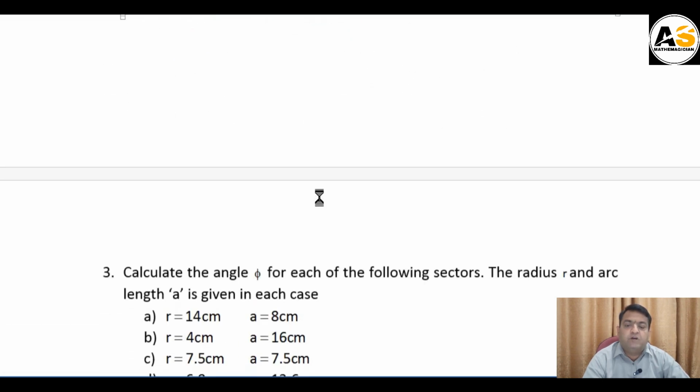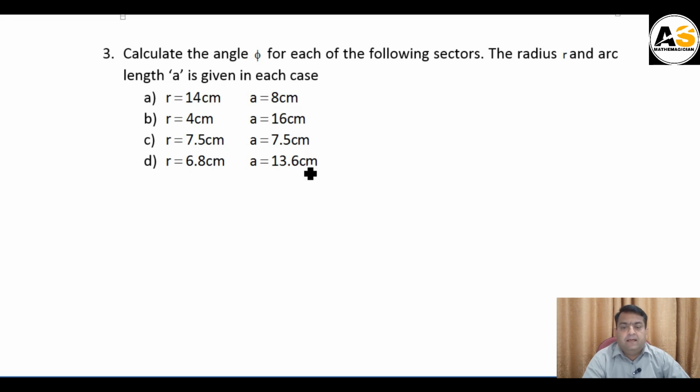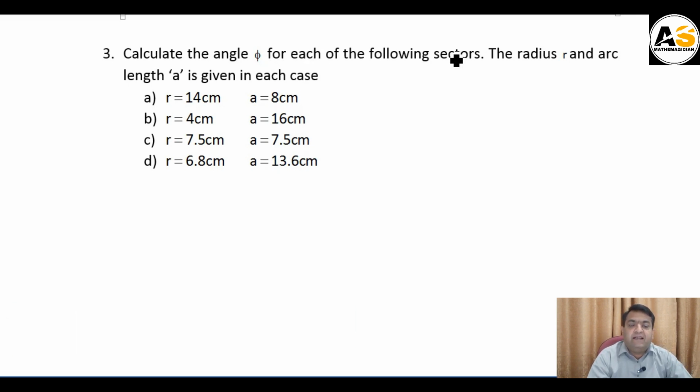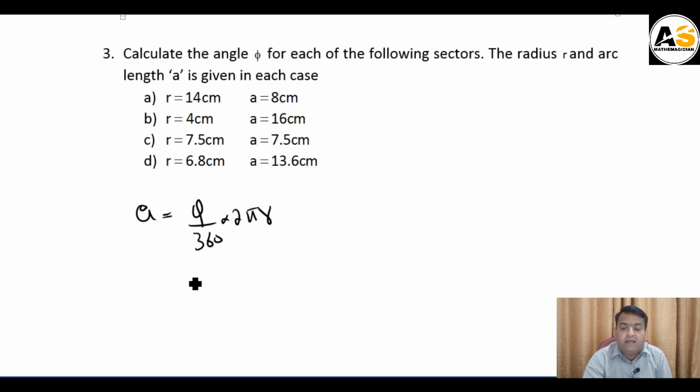Now we move to question number 3. Here we have to calculate the central angle phi. What data are we given? We are given the radius and arc length. What is the formula for arc length? Arc length A is equal to central angle phi over 360 into 2 pi r. From here, how do we calculate phi? Phi is equal to arc length multiplied by 360 over 2 pi r.